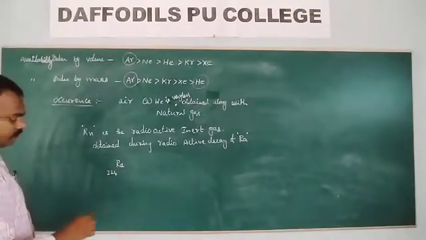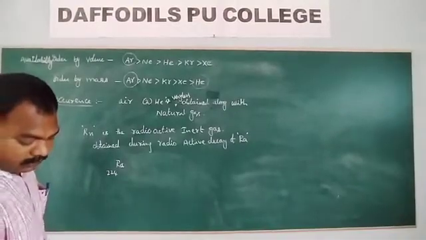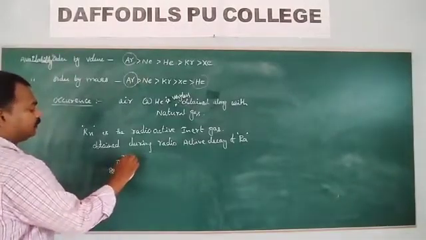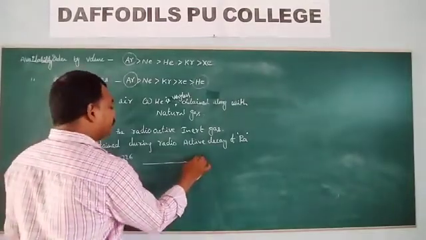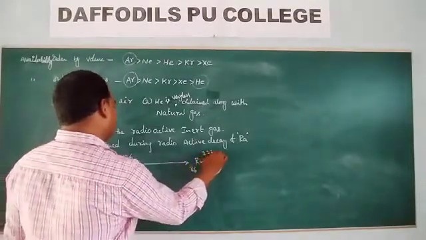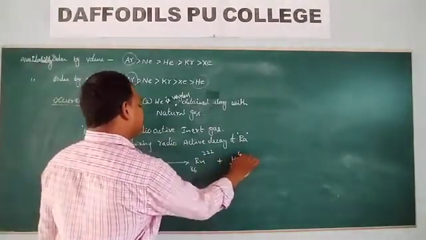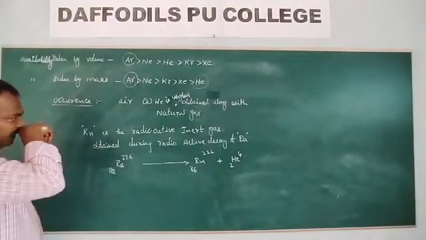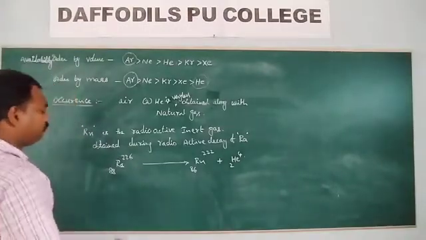Radium has atomic number 88 and mass number 226. When this radium undergoes radioactive decay, it gives radon with atomic number 86 and mass number 222, and alpha decay takes place, releasing He-4. So radon is a radioactive isotope obtained during the radioactive decay of radium in nuclear reactors.